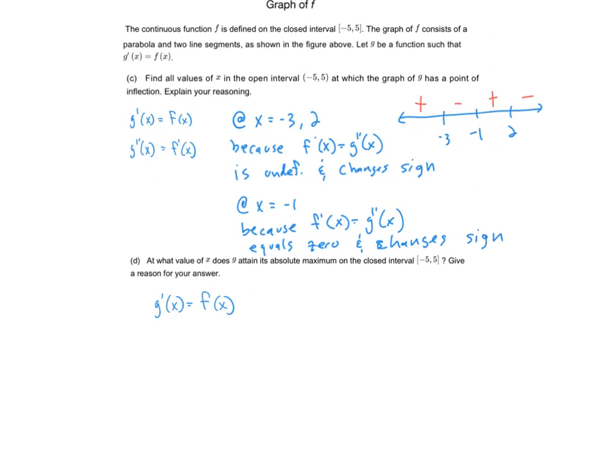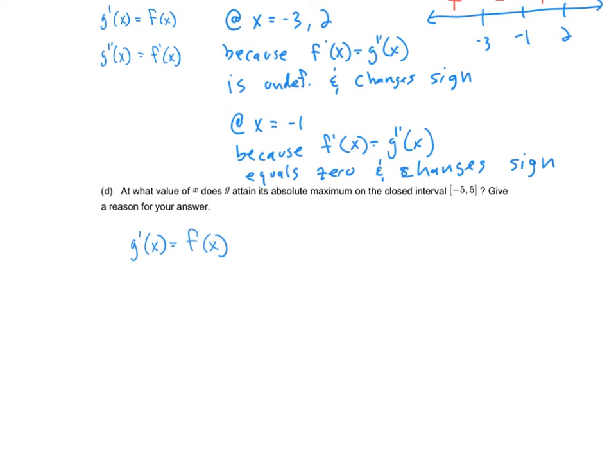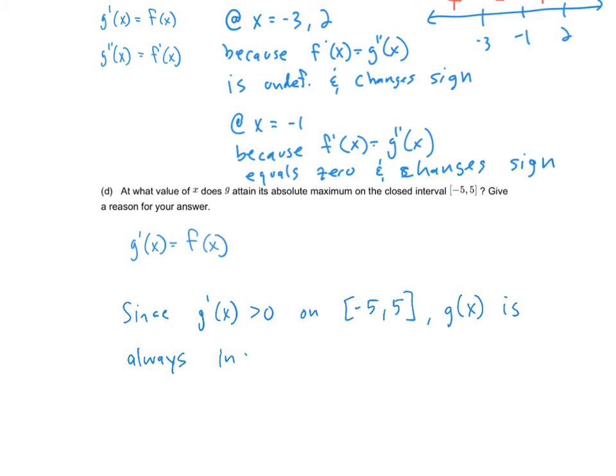This is the graph of g prime, and g prime is always positive, which means g is always increasing. So there's no critical values, but we can say since g prime is always positive, at least on this interval, then the function g of x is always increasing.